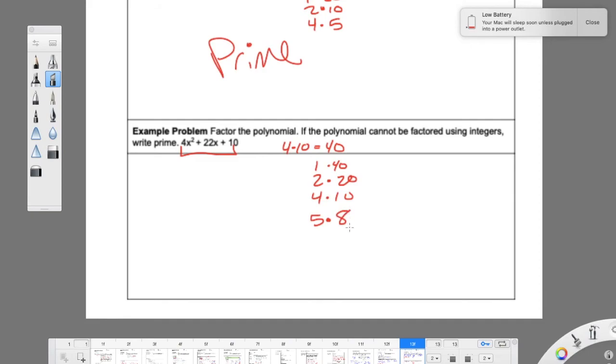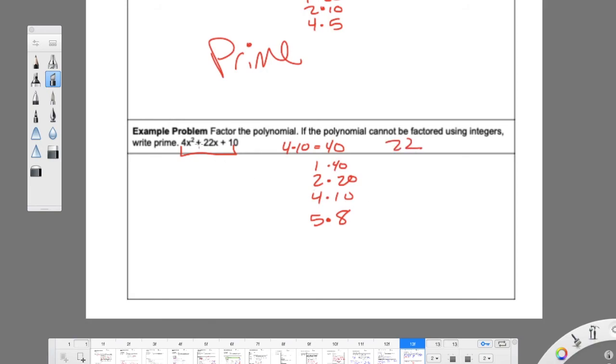It does not divide by 6 because I have to divide by both 2 and 3 in order to divide by 6, which is one of those multiplication fun tricks if you know all of them. And it does not divide by 7, and it does divide by 8. We already know that, so we'd be coming back to 8 times 5. We don't have to write them twice. So those are our factors, and we want them to add up to 22 because it's plus and plus.